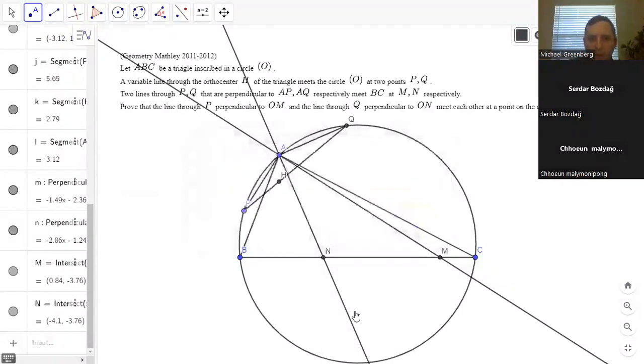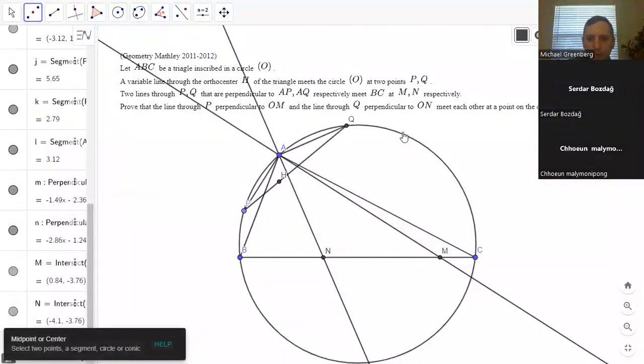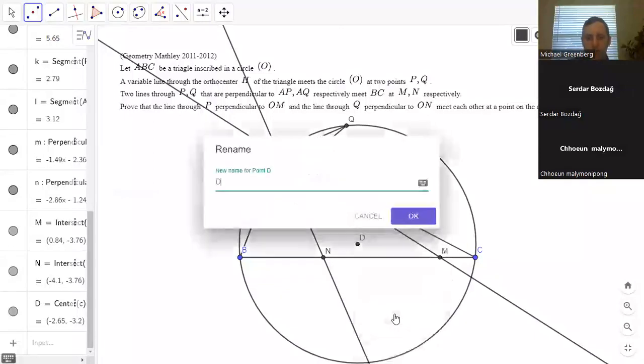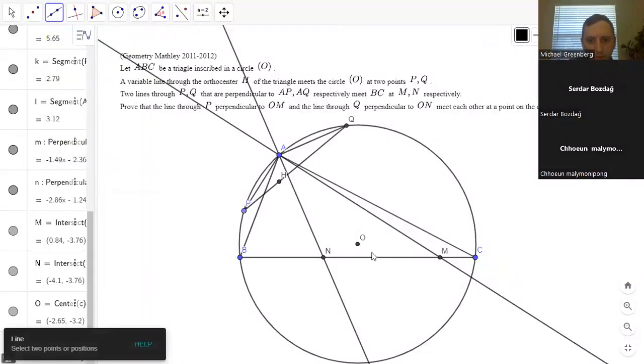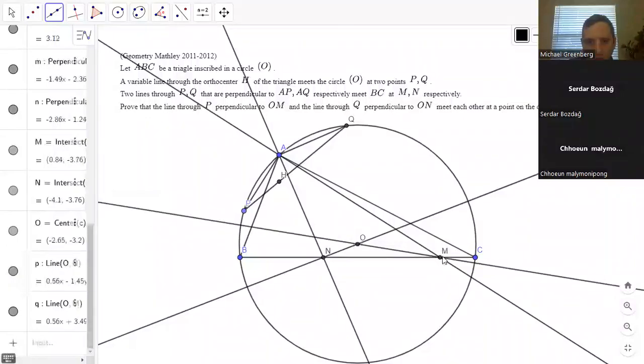And then N. And prove that the line through P perpendicular to OM. So we need to draw the center. And the line through Q perpendicular to ON. So we can draw those two lines. And we want to show they meet on the circle.